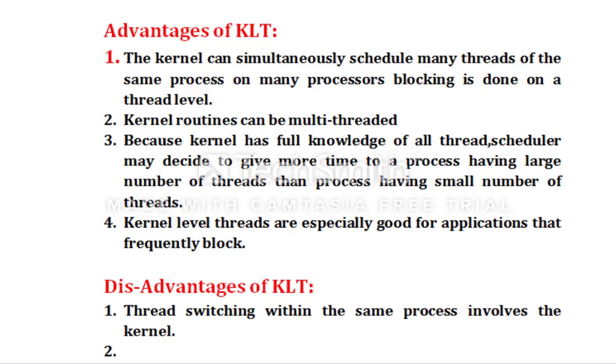The second is that kernel level threads are slow and inefficient because it depends upon the number of mode switches, right? So if we have a number of mode switches, the throughput of the kernel automatically slows down.